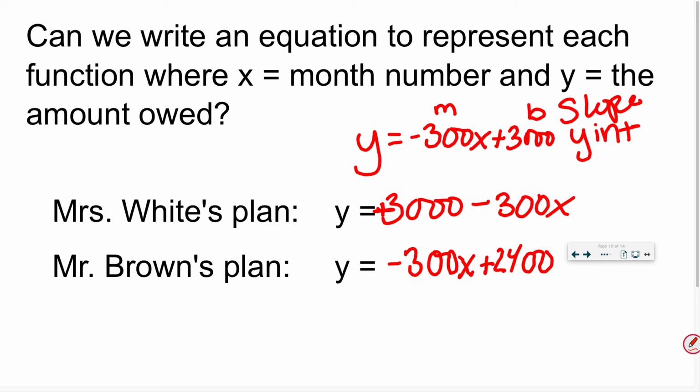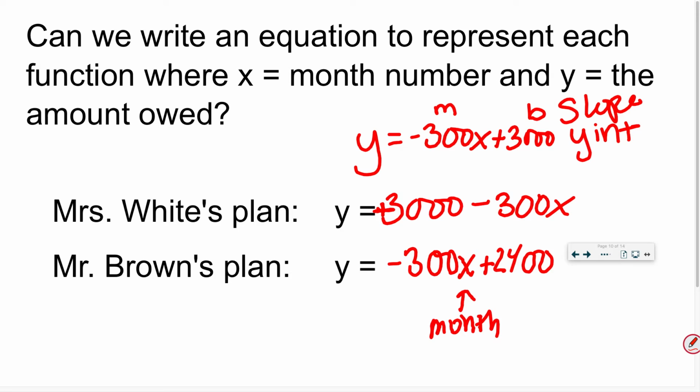For every month, you're taking away $300 out of your debt. Yes, because he's paying it off. Exactly. And his initial debt was 2,400.